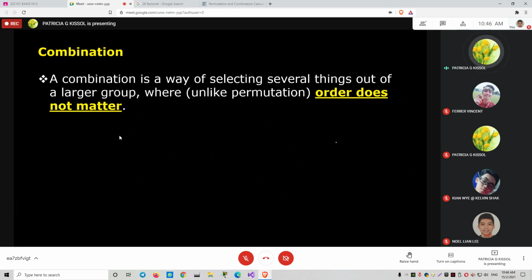Slightly still counting ways, but order doesn't matter now. Just now in permutation, order matters, right? It's very important who's in position number 1 and who's in position number 2. But in combination, order does not matter.